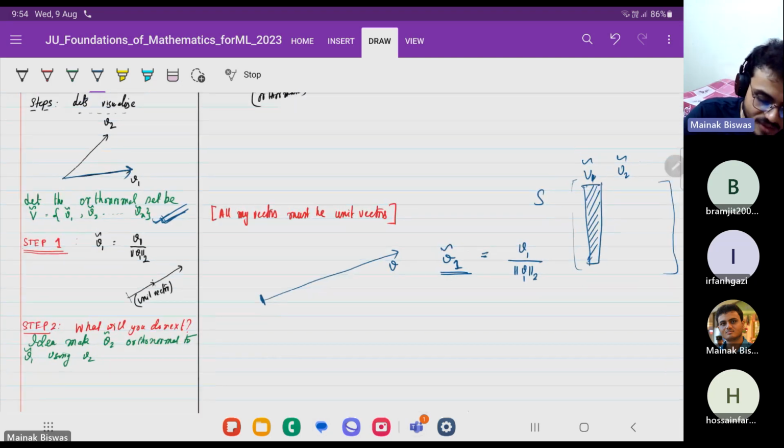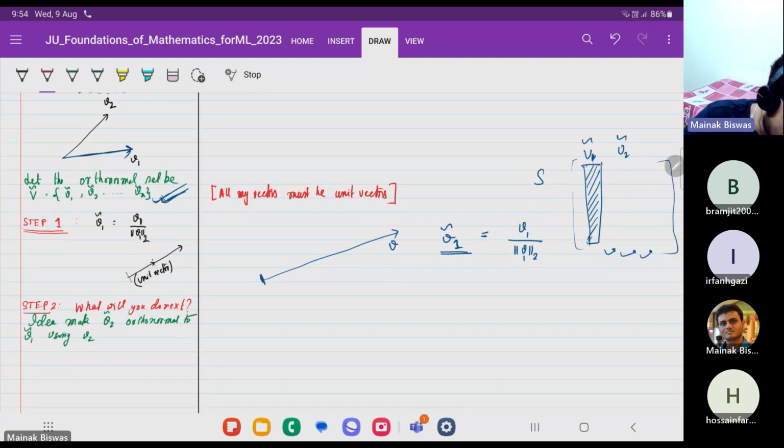I will be taking one vector at a time. It's sort of an O(n) complexity algorithm based on the number of objects you are going to parse. So I have v1 tilde and I have a v2 vector.